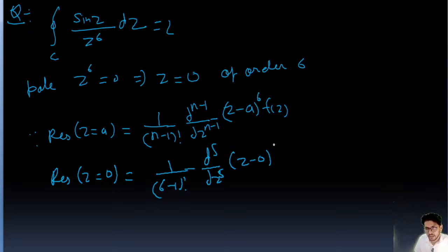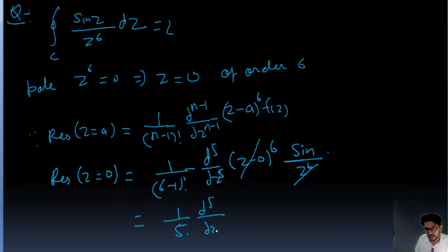And f(z) is sin z upon z^6, so z^6 and z^6 will get cancelled. So this is going to be 1 upon 5 factorial, d^5 upon dz^5 of sin z.